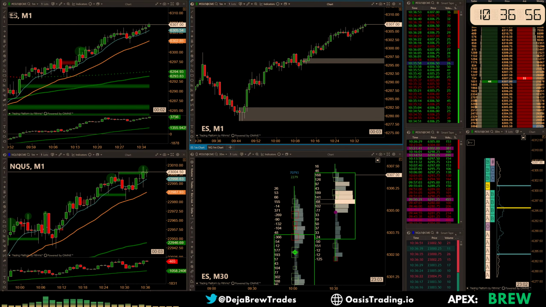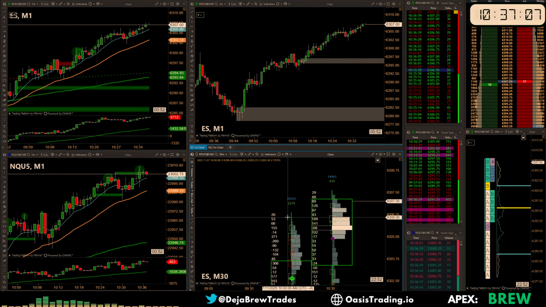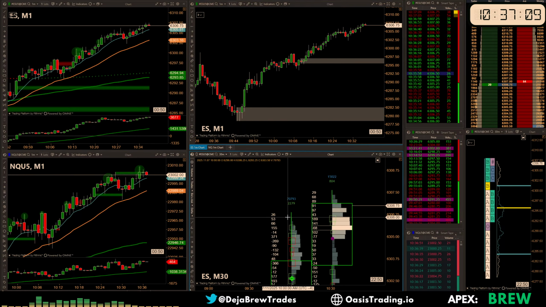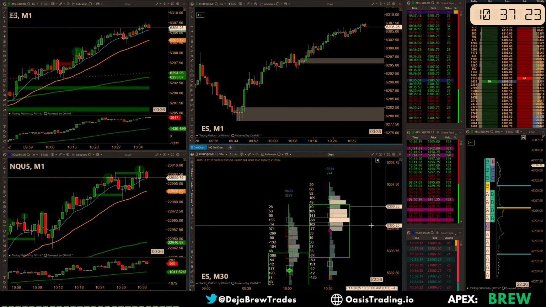The only downside, and I do have one of those Apple Pencils, even with that, sometimes it's kind of a pain in the ass to get the exact level that I want. If I'm trying to drag my orders around or get an exact stop loss level, it's kind of a pain. But other than that, it's pretty good.